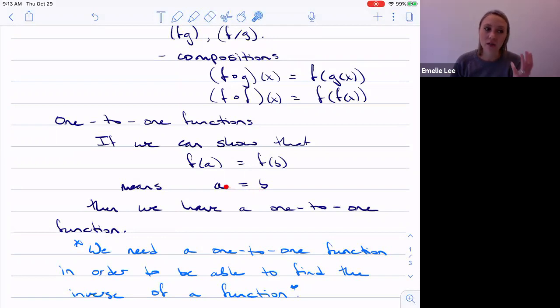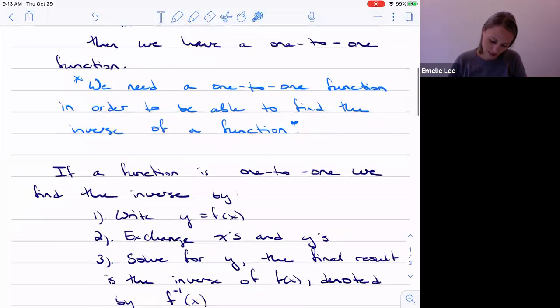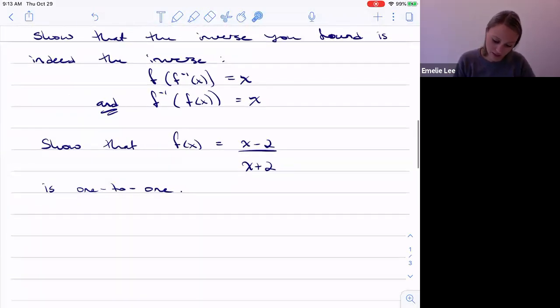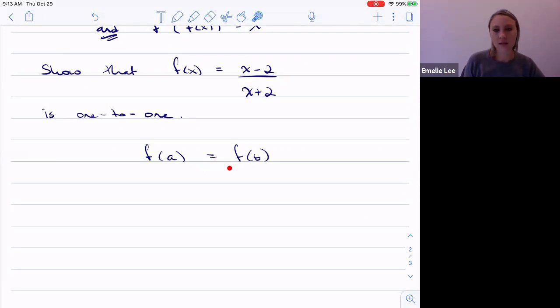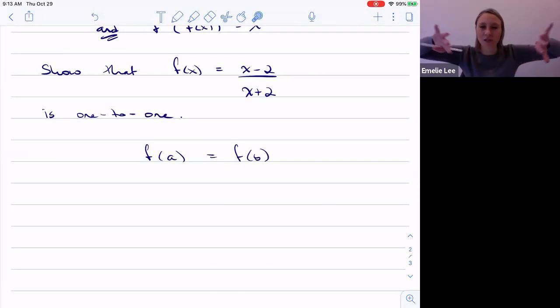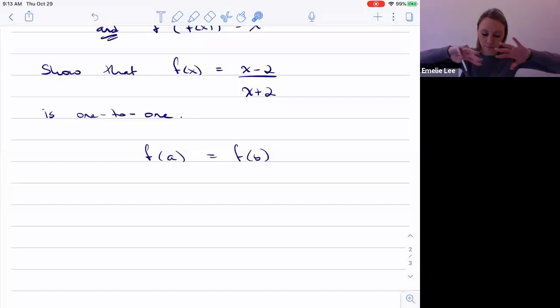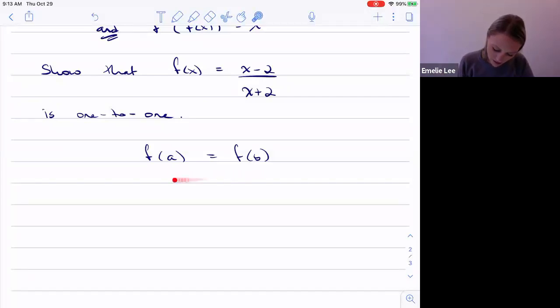So I know that I have to end up here. Right, and that's going to be the case on a test as well, right? So I have to start with f of a equals f of b. Notice that I put it in the middle because I usually fill it out going outwards like this.